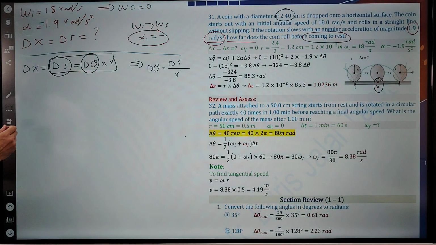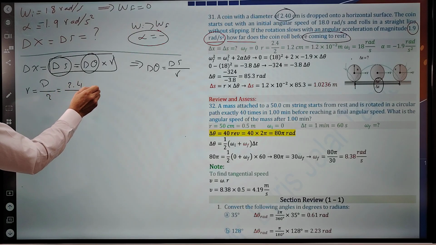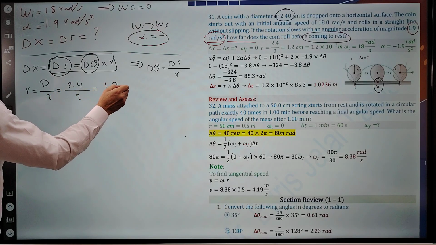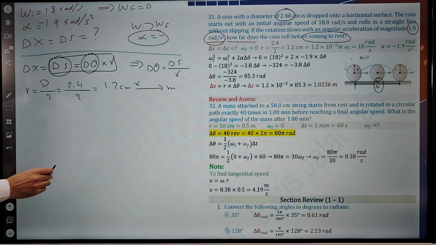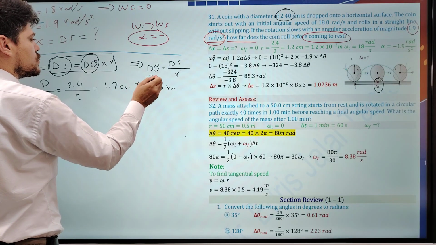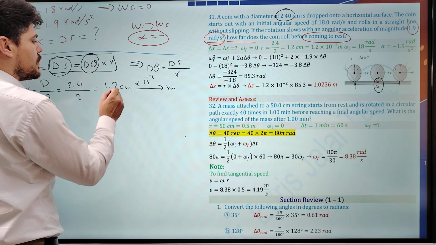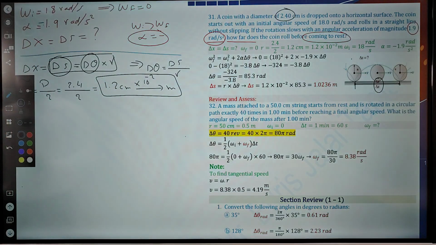At first, I would like to find the radius, which is equal to d divided by 2, and 2.4 divided by 2 is equal to 1.2 centimeter, and convert to meter because it's not allowed to solve with centimeter. That is why we have to convert to meter, times 10 power negative 2. What is this? This is the radius.